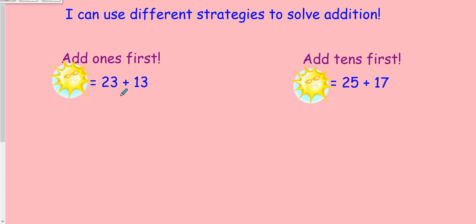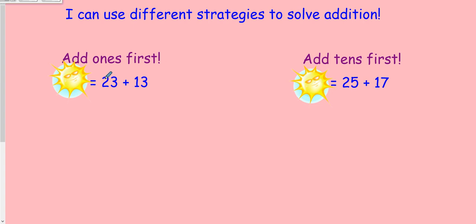Plus means that you have parts that you are putting together and you are trying to find the whole or the total. What are the parts in this number sentence? 23 put together with 13. When I look at these two parts, I'm noticing that they are double digits.